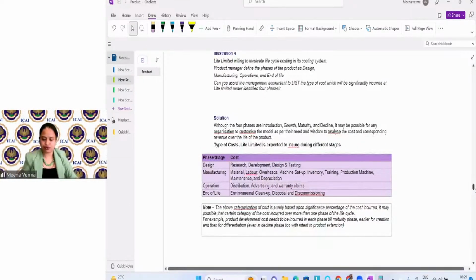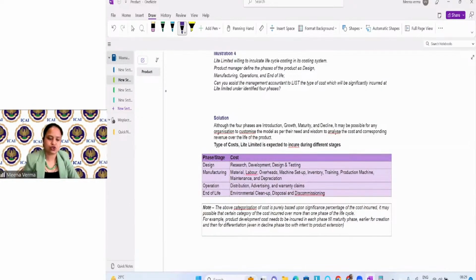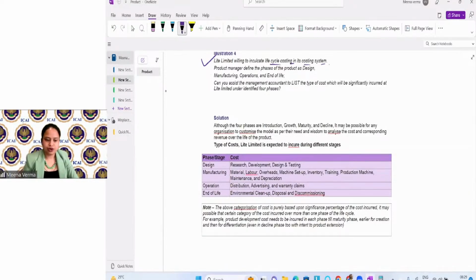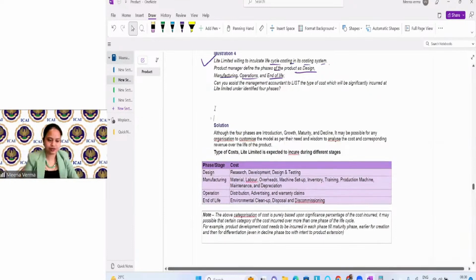Okay, we have one more question, then we will take the next topic, Pareto analysis. Light Limited is willing to include life cycle costing in its costing system. The product manager defined the phases of the product as design, manufacturing, operation, end of life. So these are the stages of the product.